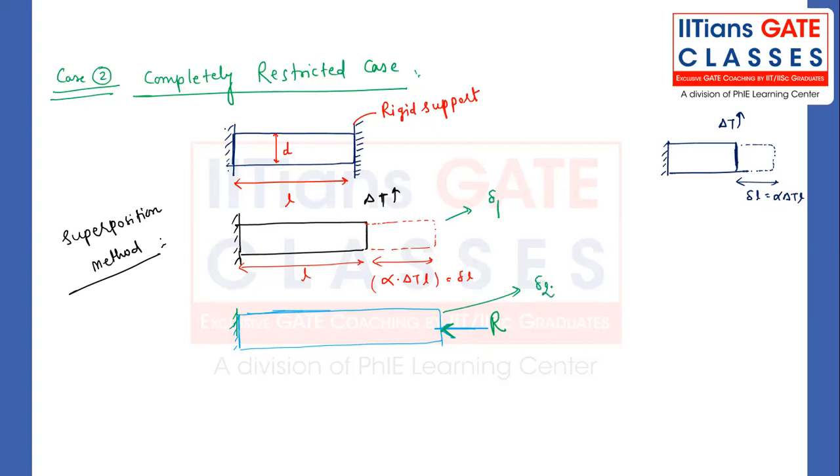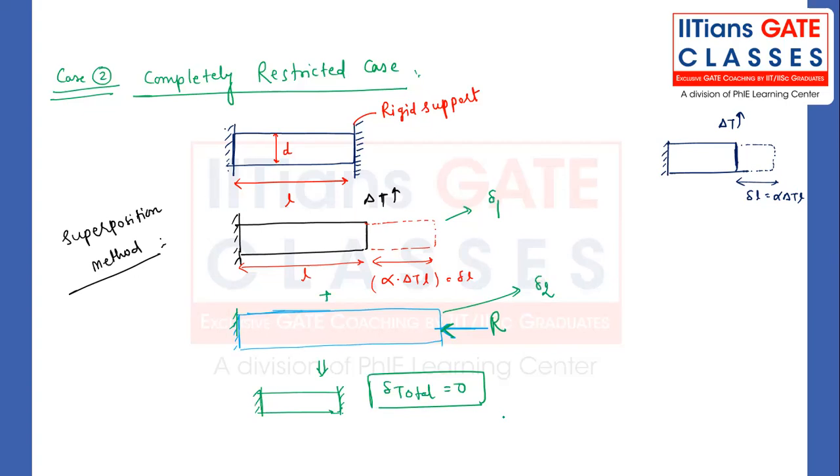At the end of the day, you superimpose these two conditions, and the final condition should be what we have discussed: it should come back to the original position. That means the total change in length has to be 0. First, we assume there is no rigid support and allow the material to expand freely, happily.